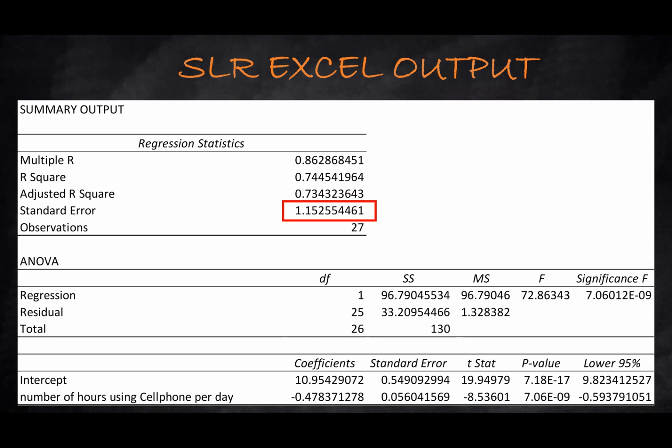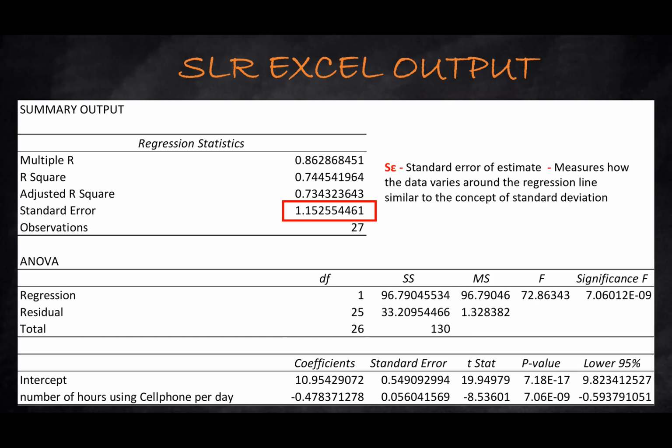The next step is to find the standard error of estimate. We label it as S epsilon, and it measures how the data varies around the regression line, similar to the concept of standard deviation. The closer the data is to the regression line, the smaller the standard error of estimate will be. The further away, the larger it will be.